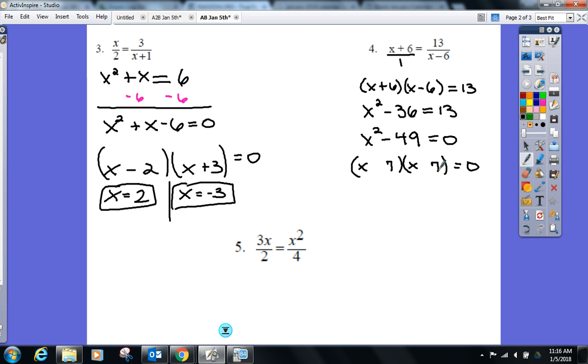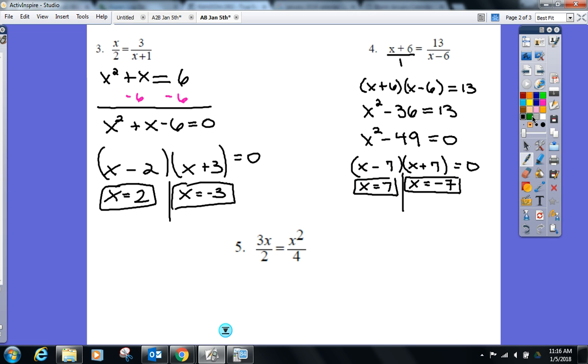And anybody remember this method last year about the signs? Always opposite when it's the difference of 2 perfect squares. X equals 7 and x equals -7 for my answers.